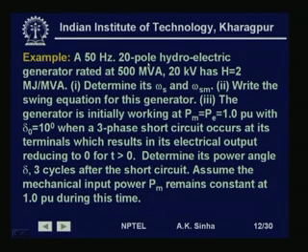Normally with hydroelectric generators, the speed is much lower compared to that of a thermal generator or turbo generator, where the steam turbine works at high efficiency at high speeds, and normally the speed for these generators will be of the order of 3000 rpm.